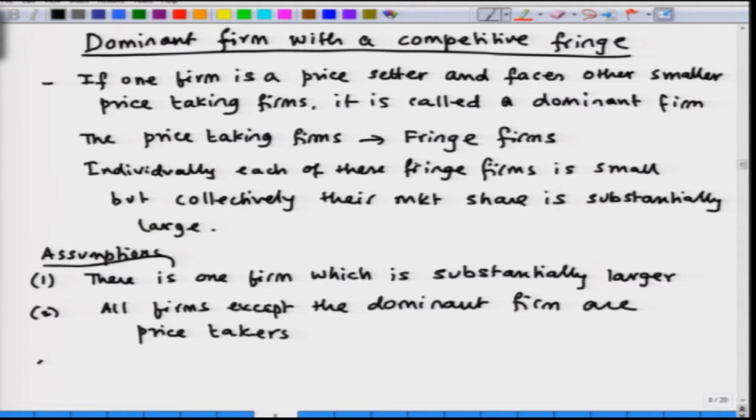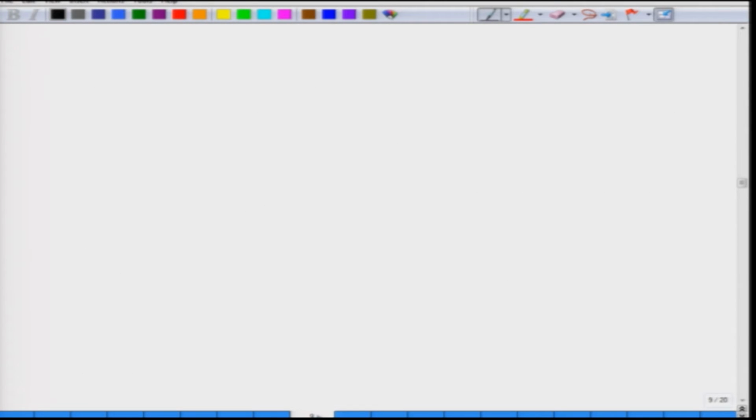The dominant firm is going to set the price, and each one of those fringe firms takes that price as given and then chooses to produce some quantity of output. The number of fringe firms is fixed at n. We will see what happens when there is entry into the model and n can change.